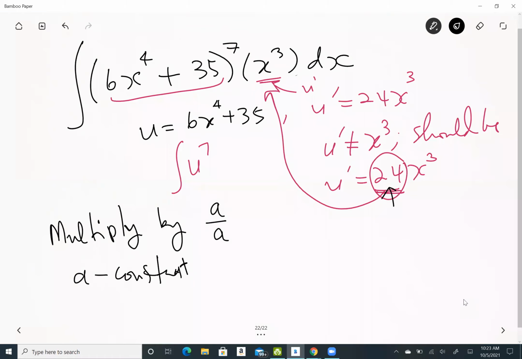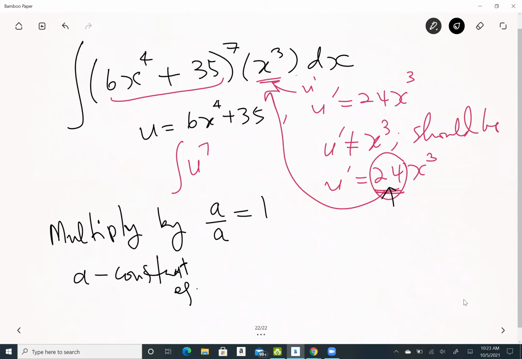Now, a over a, a constant divided by the same constant, what is it equal to? One.